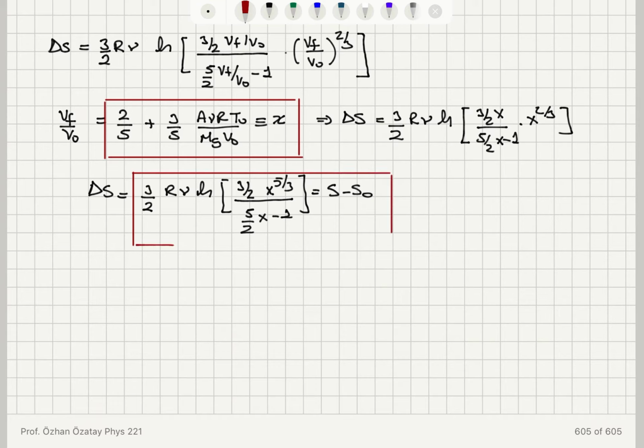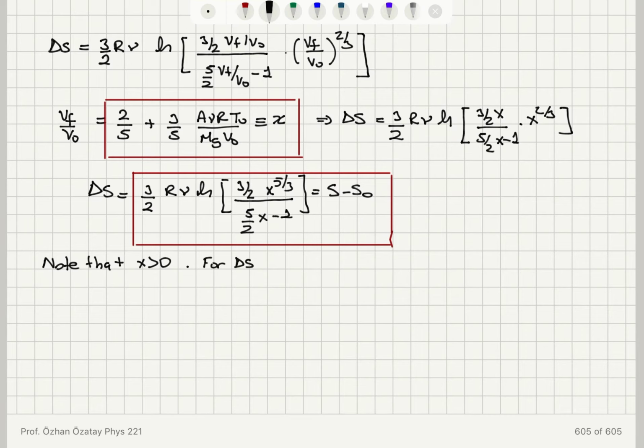S minus S0 is given by this value. So I want to take a look at the value of X. I have A nu R T0 divided by mg V0. These are all positive quantities. So I note that X is a positive value because there is no negative volume.